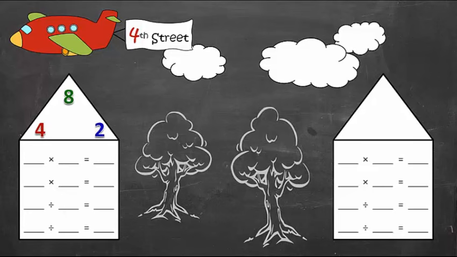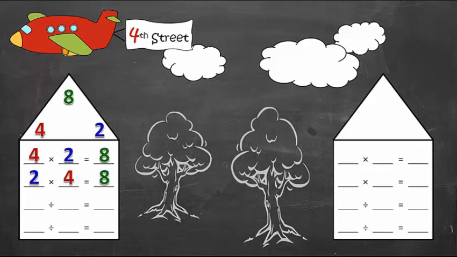Our first family consists of the numbers 4, 2, and 8. We begin with the multiplication sentences. 4 times 2 equals 8. Using the commutative property, we are able to change the order of our factors, the numbers we are using to multiply. 2 times 4 equals 8. The order of our factors does not change the product, the answer of our multiplication sentence.